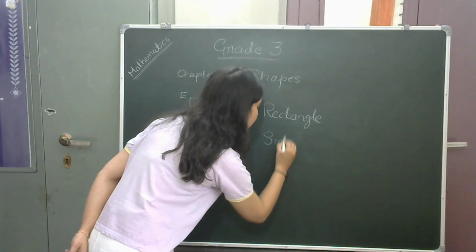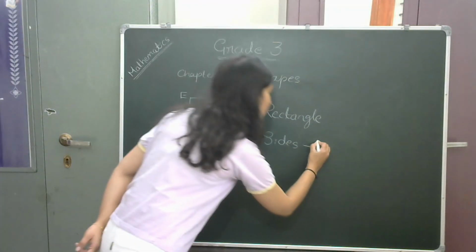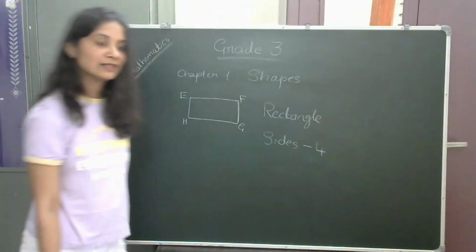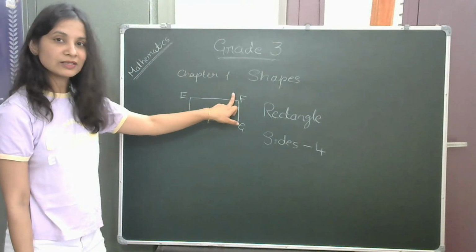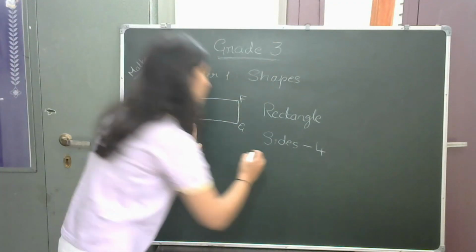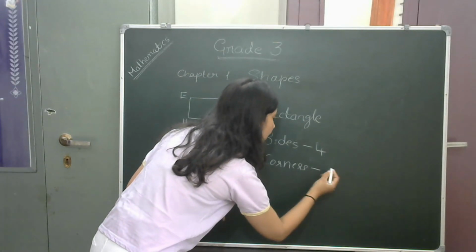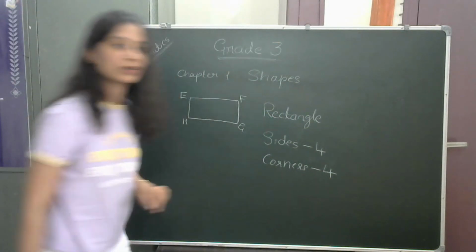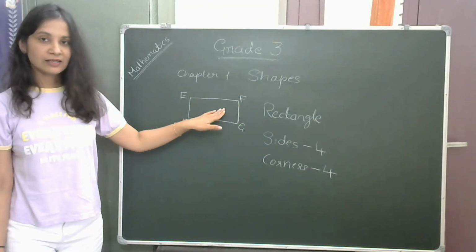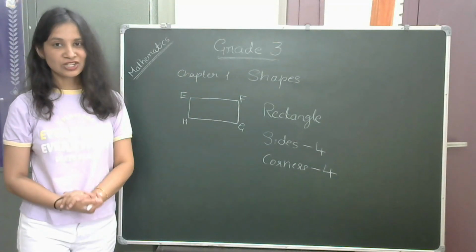Number of sides in a rectangle is 4, as well as number of corners, EFGH, right? Number of corners are 4. But in a rectangle, opposite sides are equal to each other.